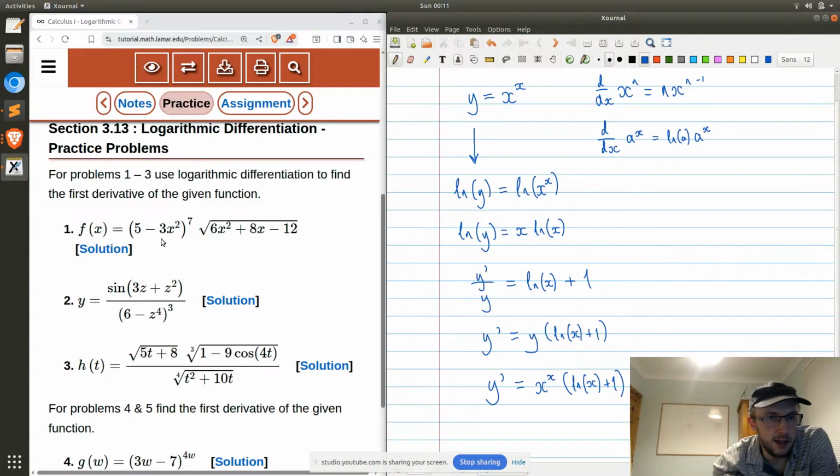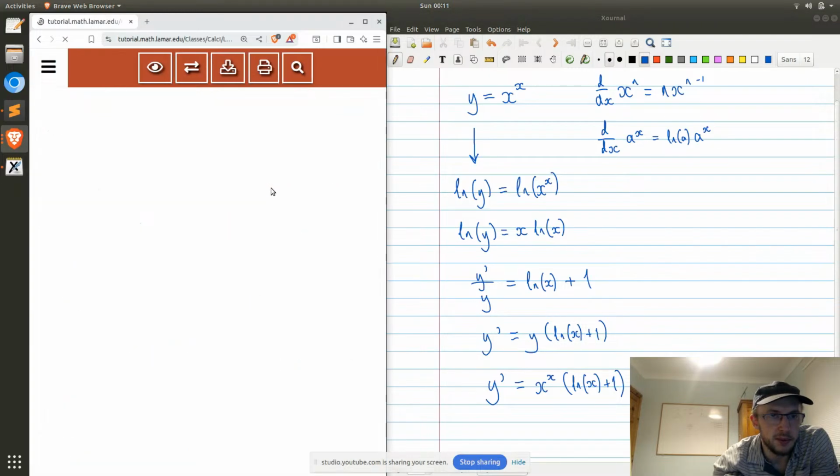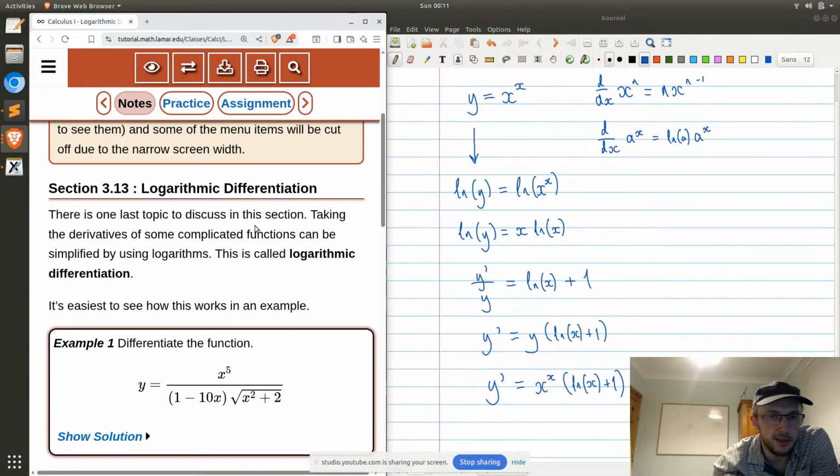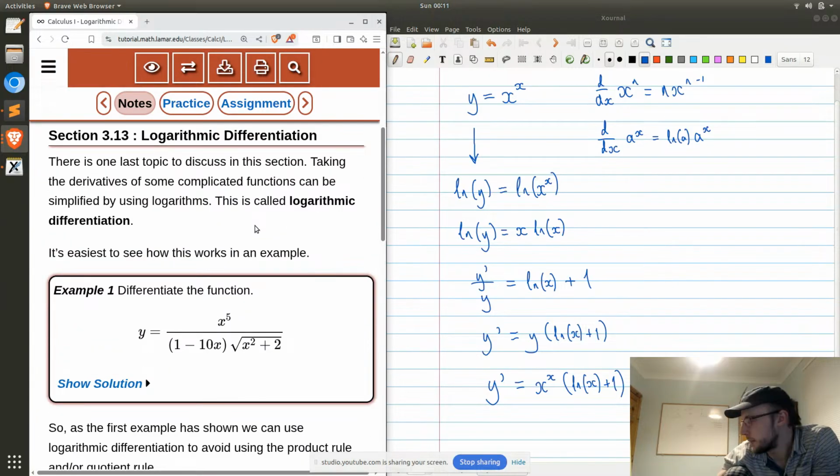And it's not that bad. All right, I'm going to look at the notes and see the examples and see if I can jog my mind about how it actually works.